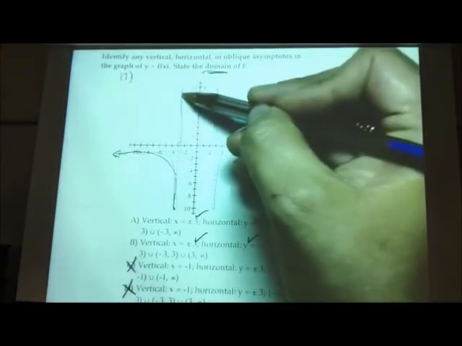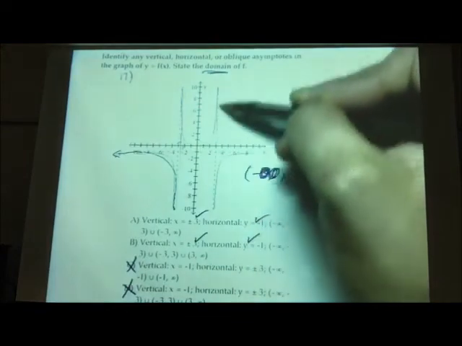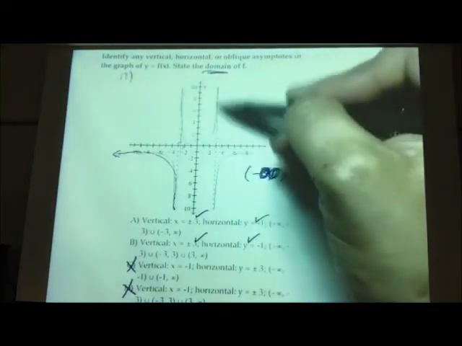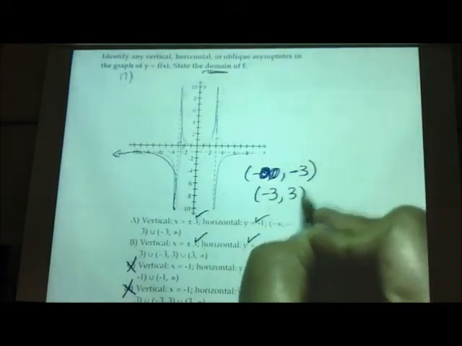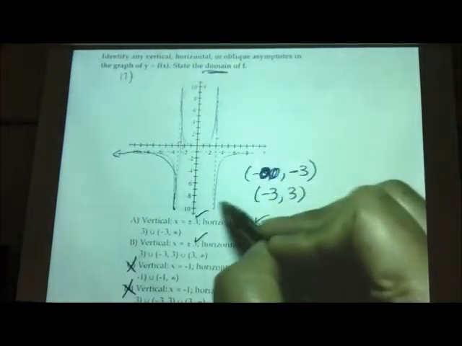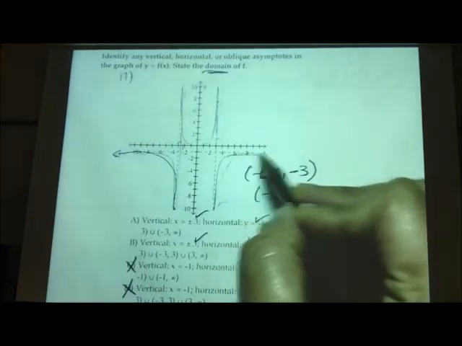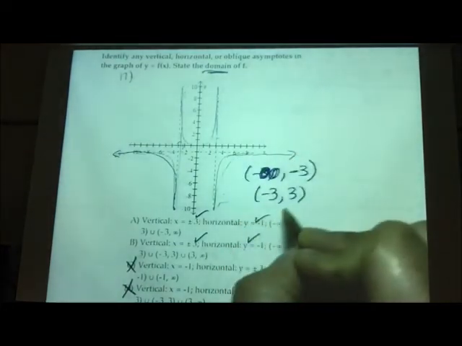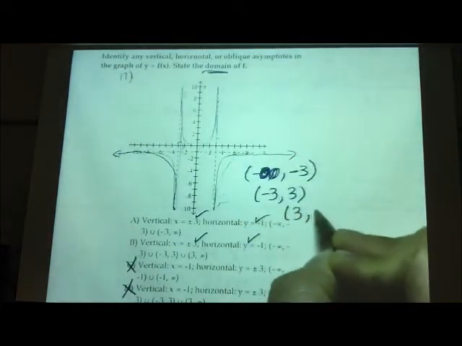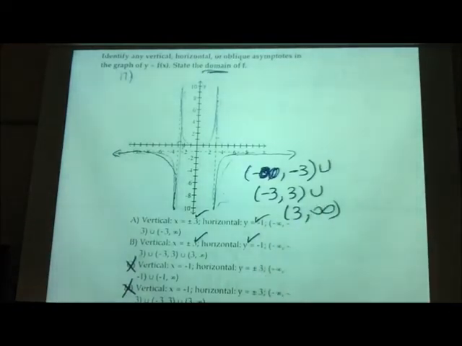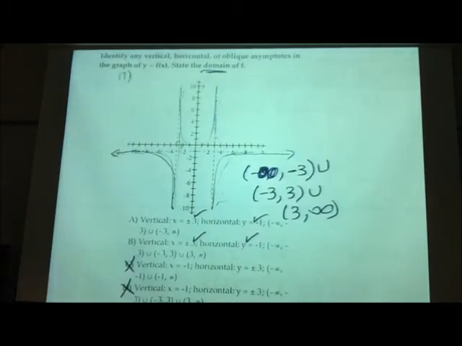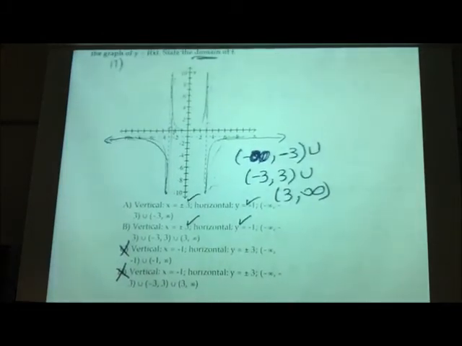And then it starts off close to a negative 3, and then it goes into positive 3. So from negative 3 to a positive 3. And then it starts off at a positive 3 and goes on to a positive infinity. Now all these would be connected with the union, of course, but I just wrote them one on top of the other. So my right answer here would have to be B.